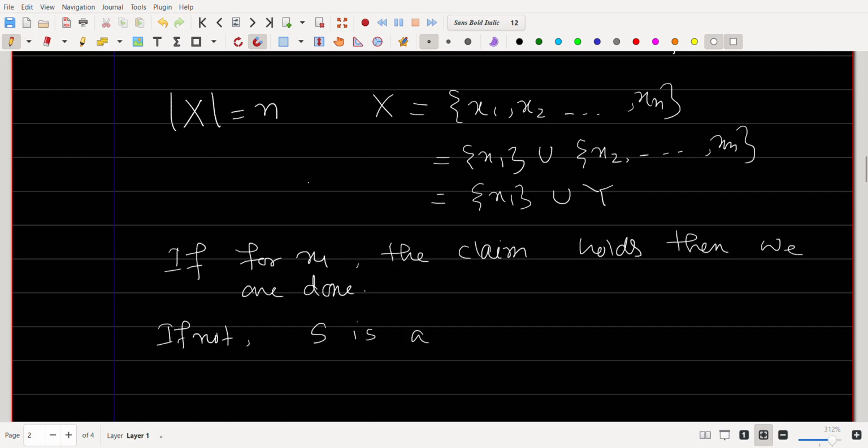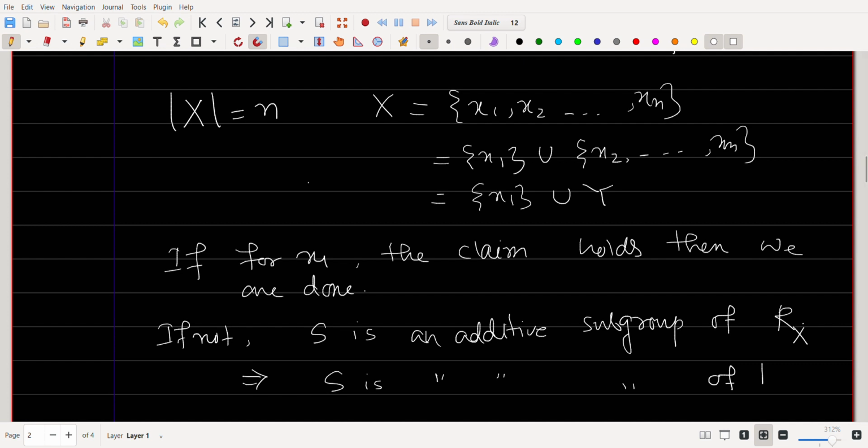then S is an additive subgroup of R_Y, where R_Y means the set of all Z-valued functions on Y. If S is an additive subgroup on X, then S is an additive subgroup on Y also.